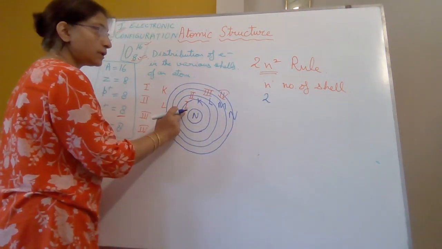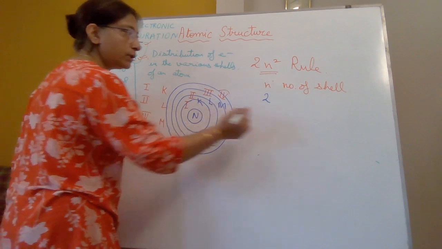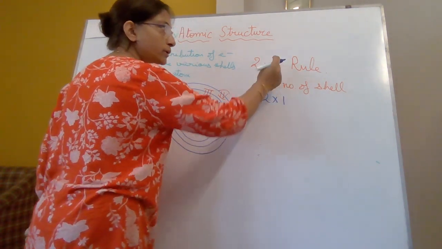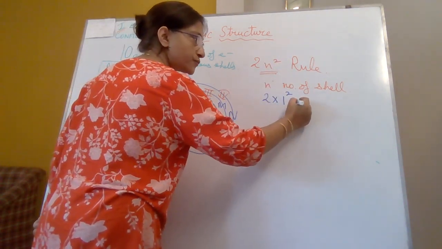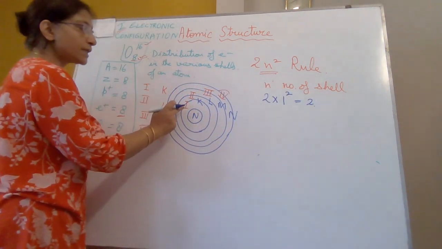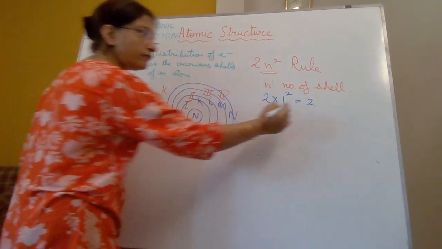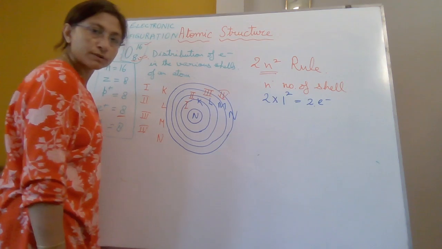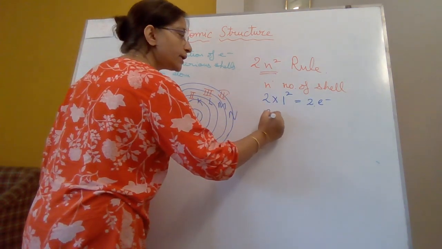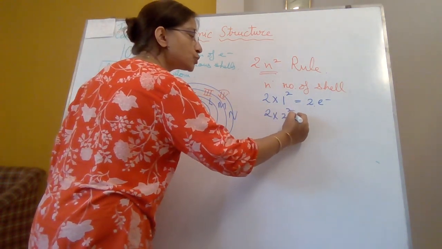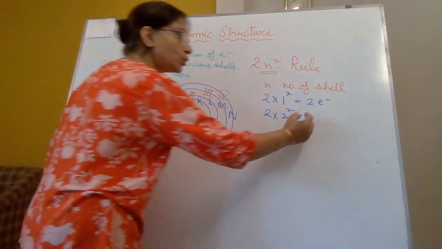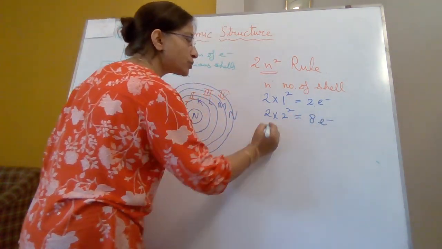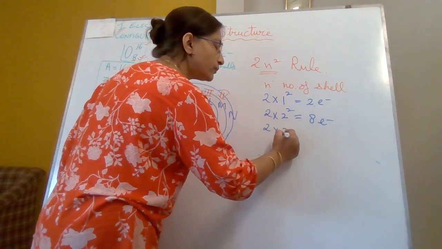What is the number of the first shell here? That is 1. 2 into 1 raised to power 2 gives you 2. So that means in the first shell I can have 2 electrons. How about the second shell? 2 into 2 raised to power 2 gives you 8 electrons. That is how the third one will be done.